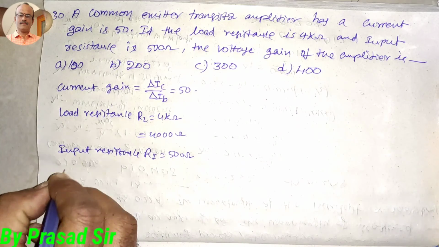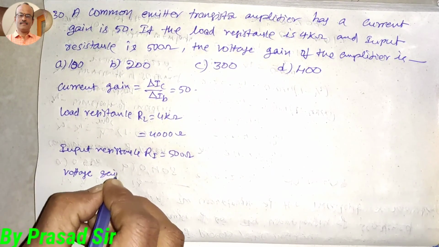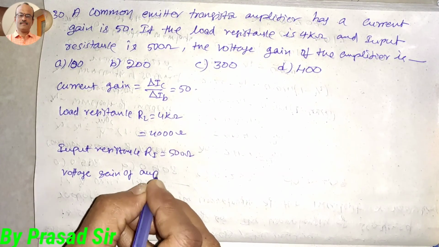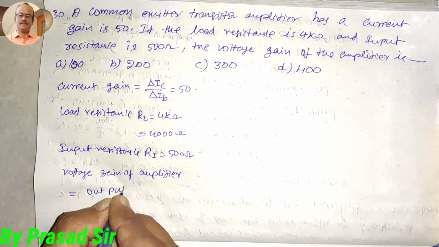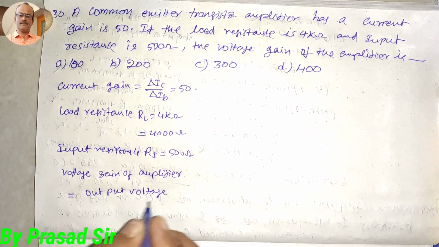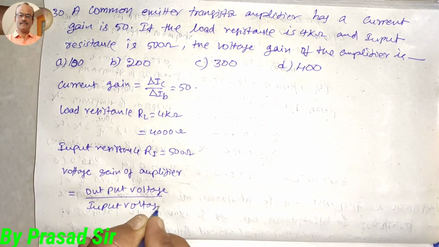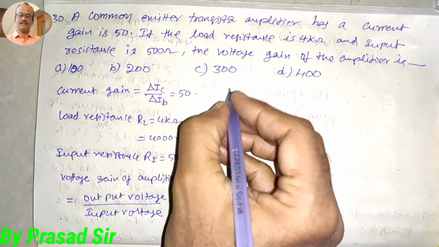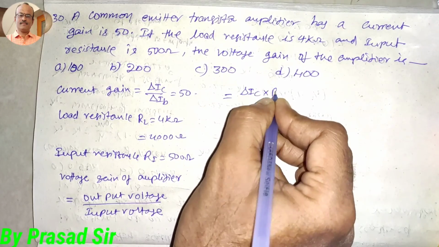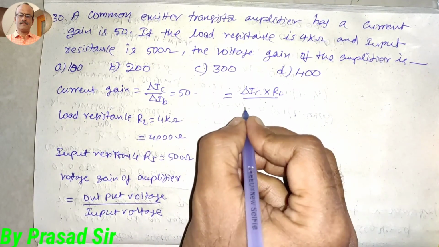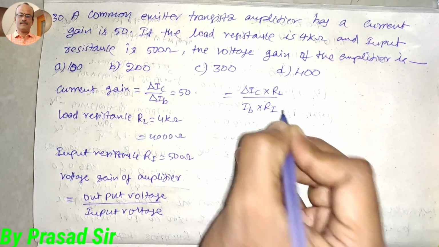But which one do we want to calculate here? Voltage gain of the amplifier is equal to output voltage divided by input voltage. So here output voltage is nothing but delta IC into RL, that means resistance of load, and input is nothing but base current into input resistance.